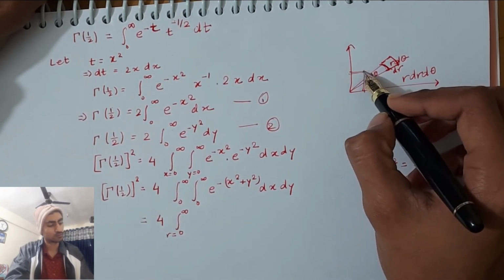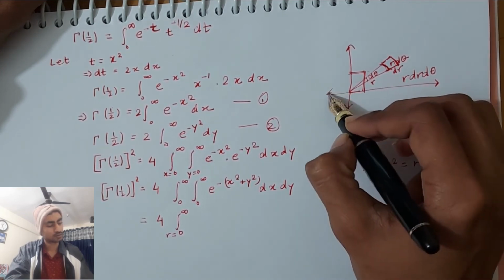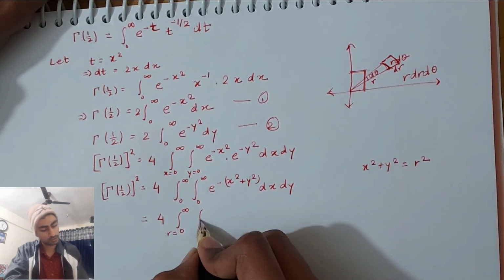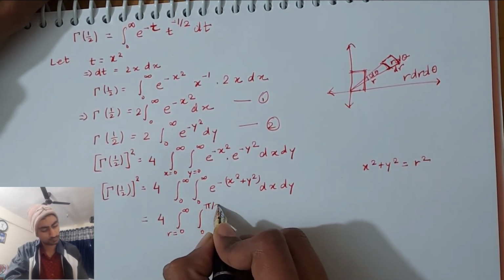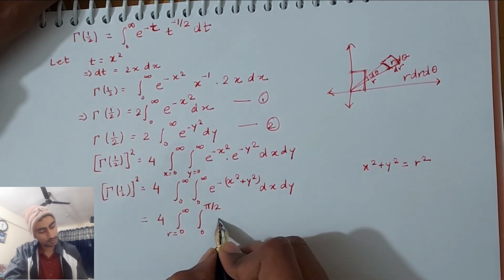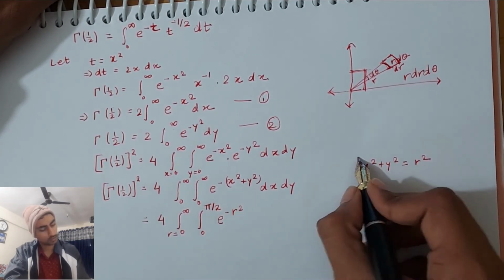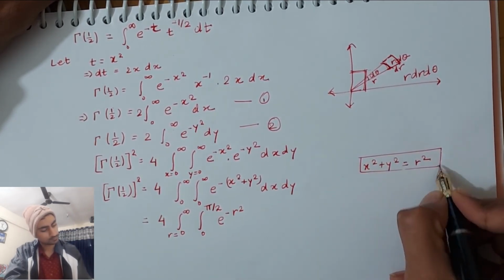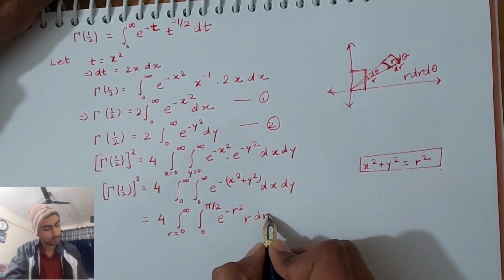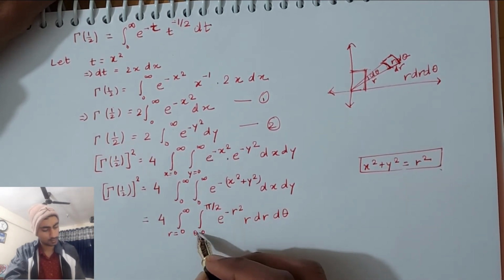So it would be confined to this quadrant only, not the other quadrants. Therefore, the limit of theta would be from 0 to pi by 2. And e to the power minus r squared, we substituted this. And for dx dy, we can simply write r dr d theta.